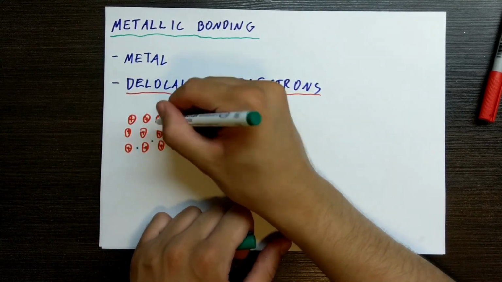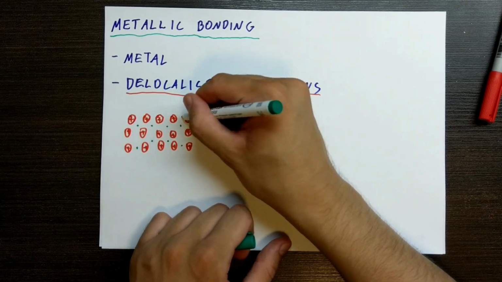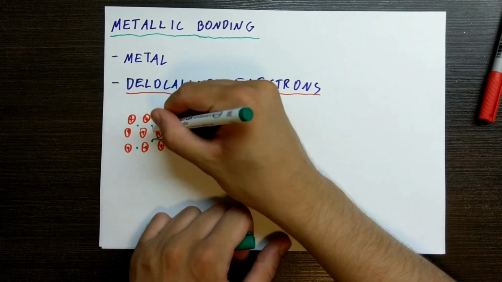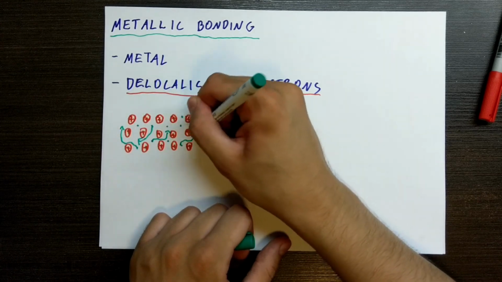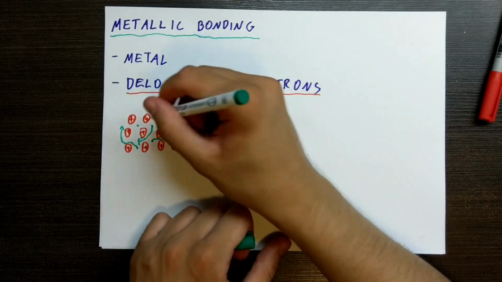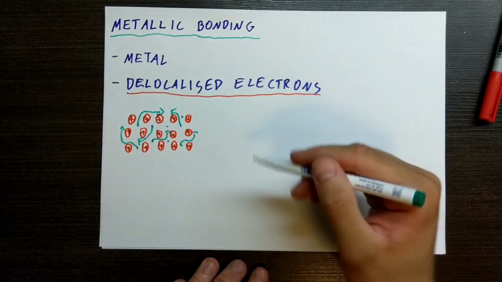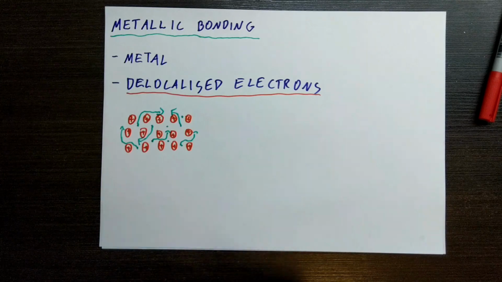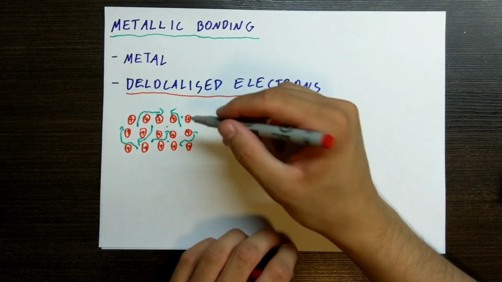These electrons are not tied to specific shells or even specific atoms. They are free to move around. They are free to move around the whole solid, like this. So they are happy to move around as they wish, whereas these protons, these nuclei, stay in place.